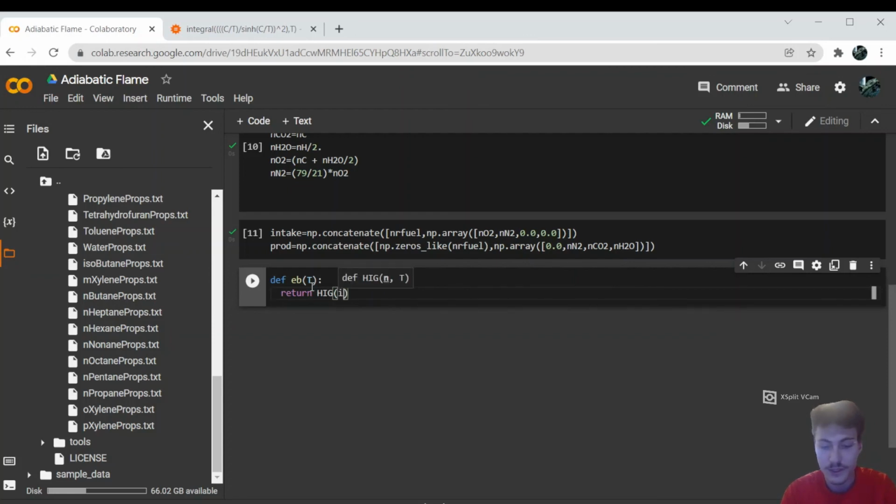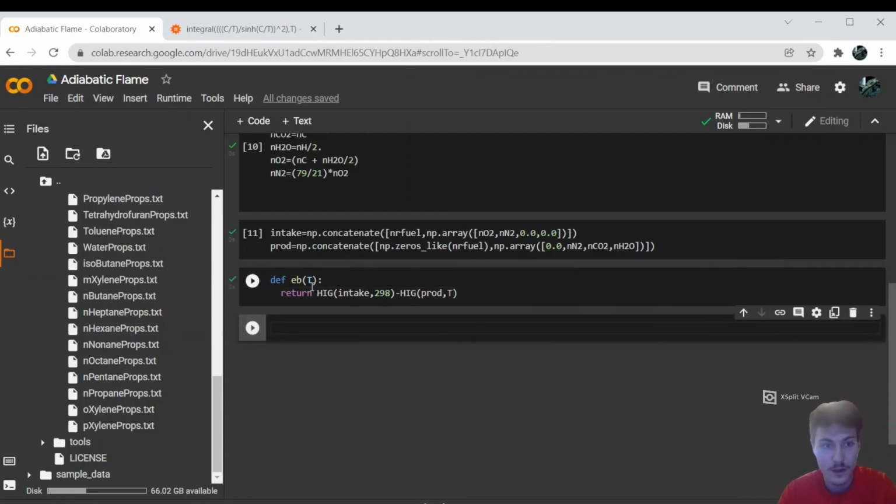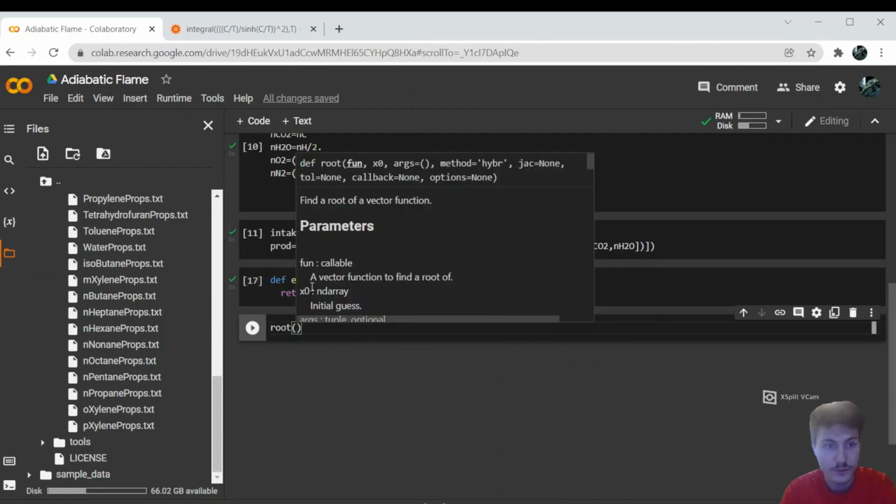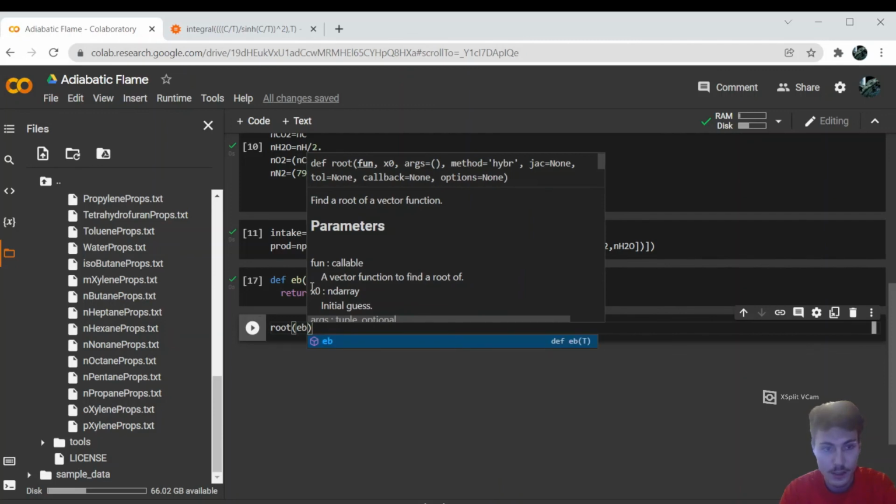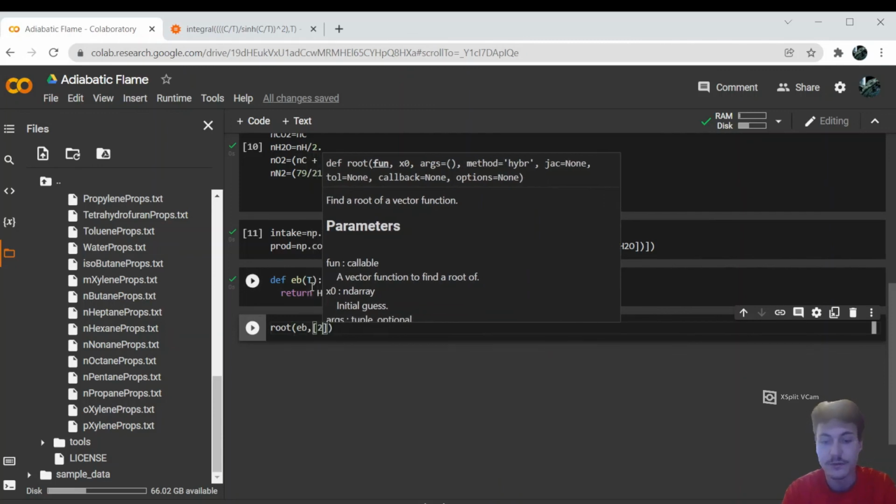The first parameter is going to be intake, the number of moles of the intake, at the starting temperature, which is 298, and then we subtract HIG again, for the products, at temperature. Next we can do the root solver to see what the final temperature is going to be. So roots, and then EB, and pass in 298.